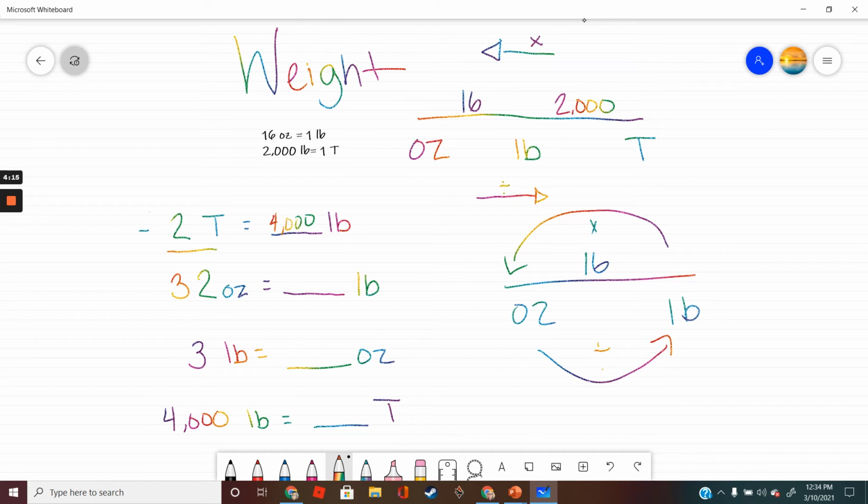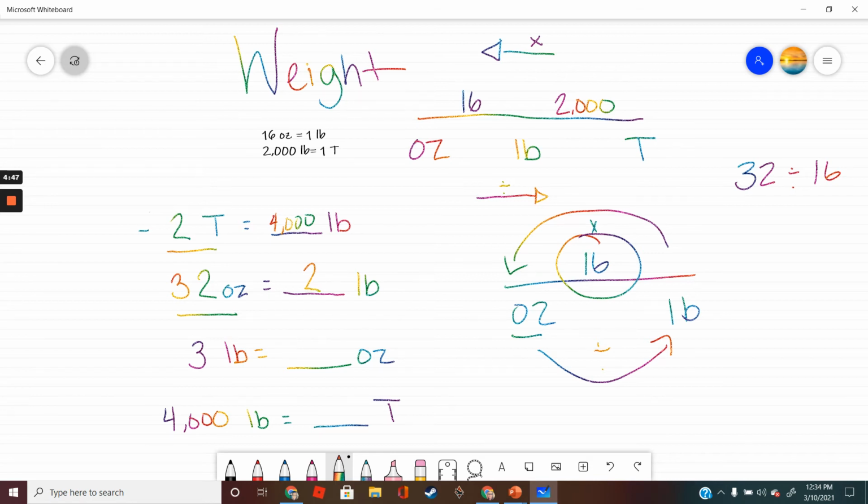So they give us 32 ounces. That's where we start, ounces. And we're going to move to pounds. If we follow our arrow all the way over here, we know that this means we're going to divide. So far we have the number 32, and then we divide by what? Well, that number right there in the middle, 16. 32 divided by 16. How many pounds are we going to get? We are going to have 2 pounds.